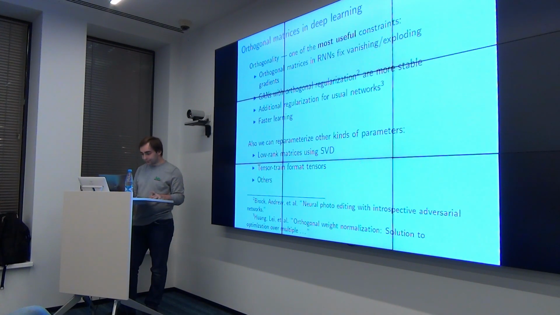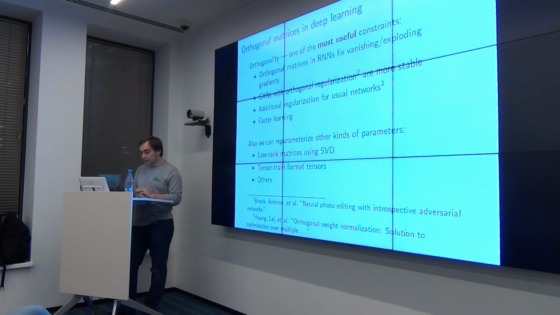Okay, and why do we even care about orthogonal matrices? It's not only about the RNNs. For example, for GANs, orthogonal regularization helps to make the learning more stable. For usual networks, we can provide additional regularization because the capacity of orthogonal weight matrices is strictly smaller than for unconstrained matrices.